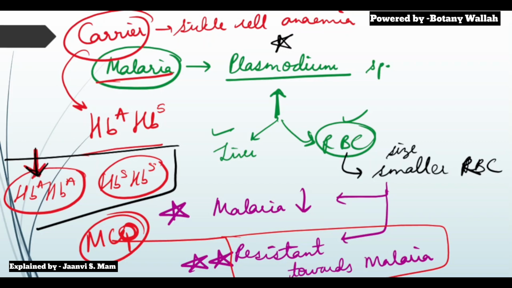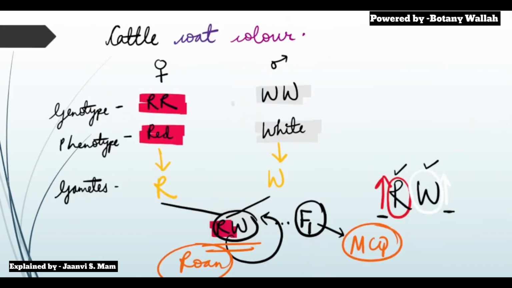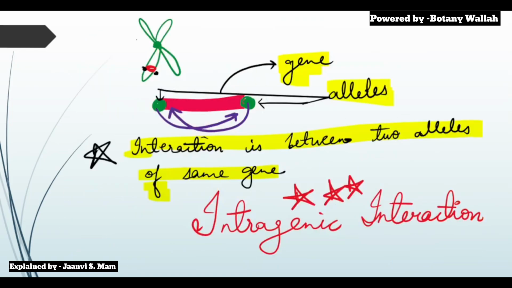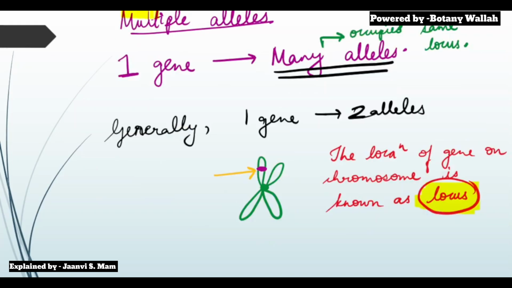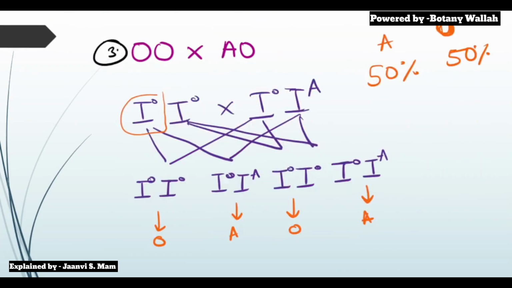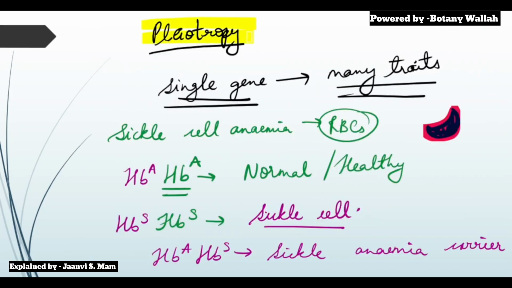So in today's class we spoke about many topics, let's go through them once. We spoke about codominance as one topic. Then we discussed cattle coat color. Then we spoke about intragenic interactions. Then we spoke about multiple allelism. We did many examples of blood groups and also discussed Drosophila. Then we came to pleiotropy as a topic.